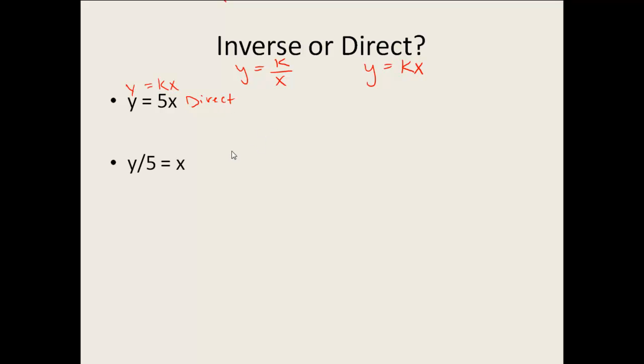Okay, this next one. This one doesn't look quite right. I mean, there's division in it, but our format up here says y equals k over x, and this one has x equals y over 5. So one thing I'm going to recommend, when you're given these problems and it asks you for inverse or direct variation, you're going to want to solve it for y, because what's going to happen is these variation relationships can come in multiple forms.